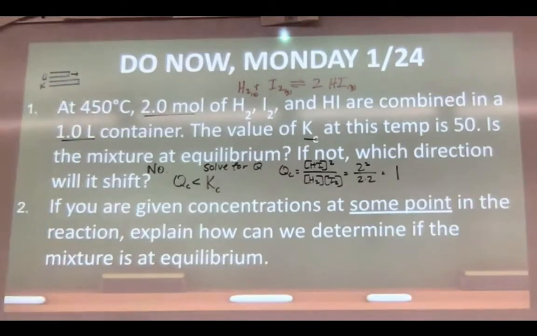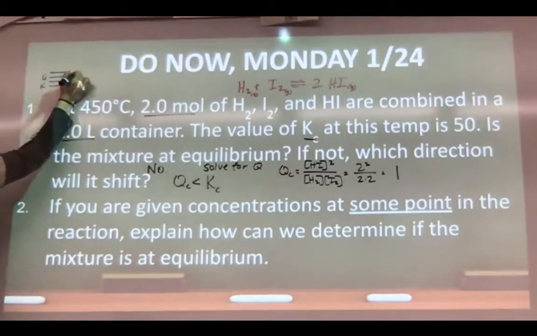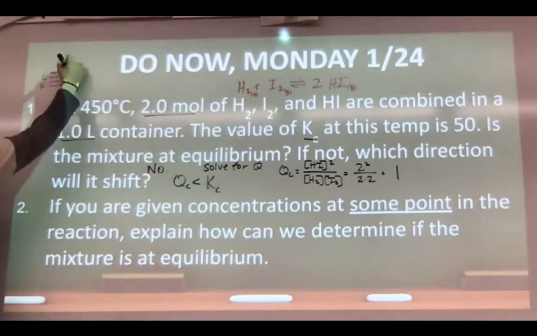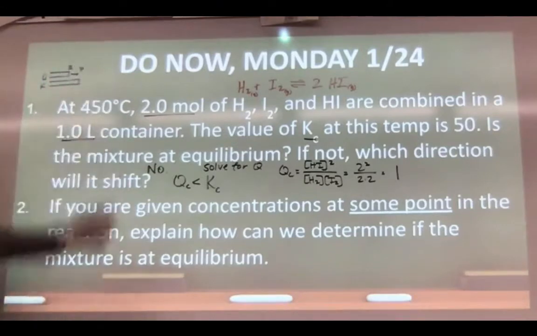So Q needs to increase to equal K. For Q to increase, this arrow helps tell us which reaction will take place, the forward or the reverse.